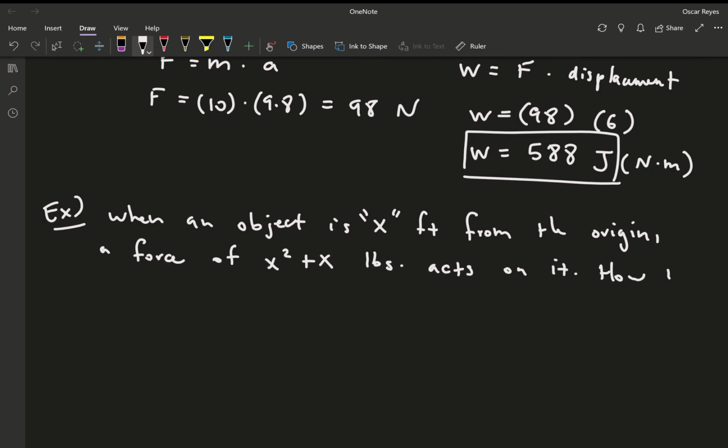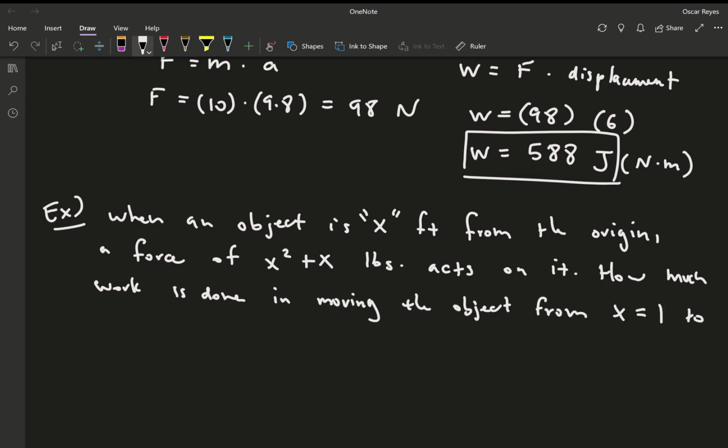How much work is done in moving the object from x equals 1 to x equals 3?